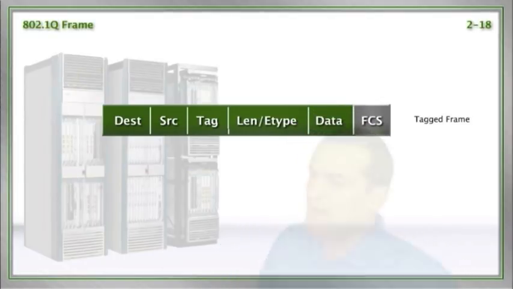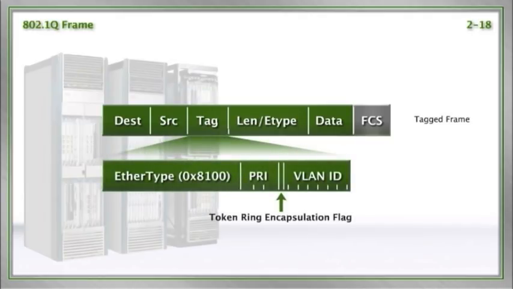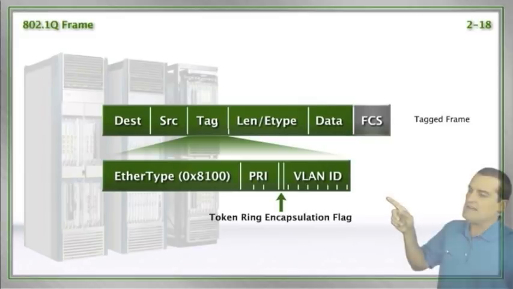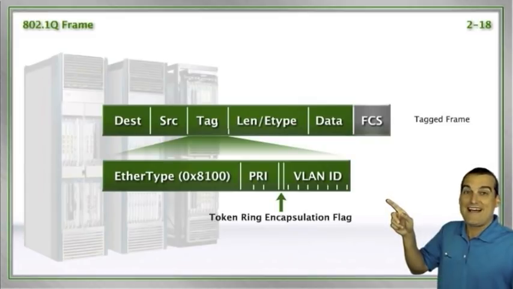If you expand and look at that tag in greater detail, you'll see that sure enough, there is, as I promised, an area that holds the VLAN identification.